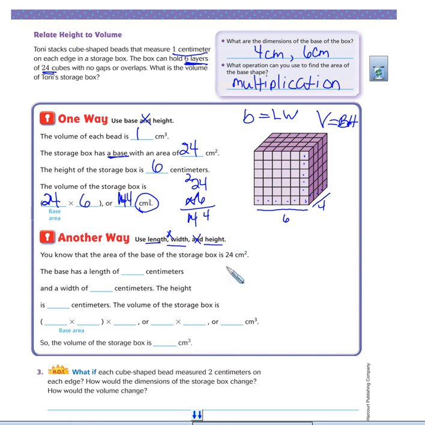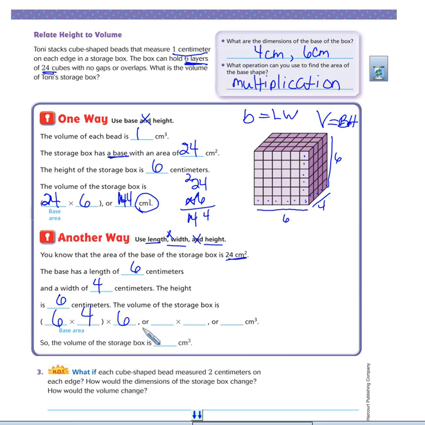So you know that the area of the base of the storage box is 24 centimeters. The base has a length of 6. It has a width of 4. And a height, the height was 6. So now we can take my base area, which is 6 times 4, and then multiply that times my height.